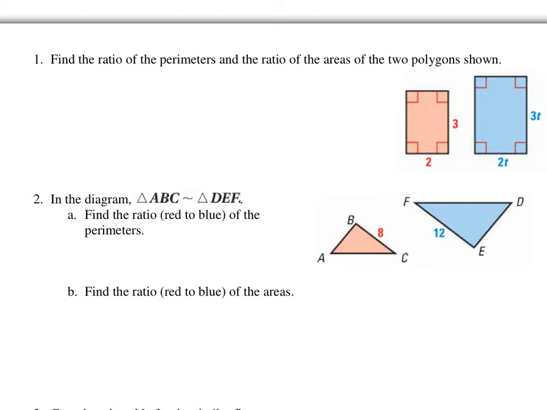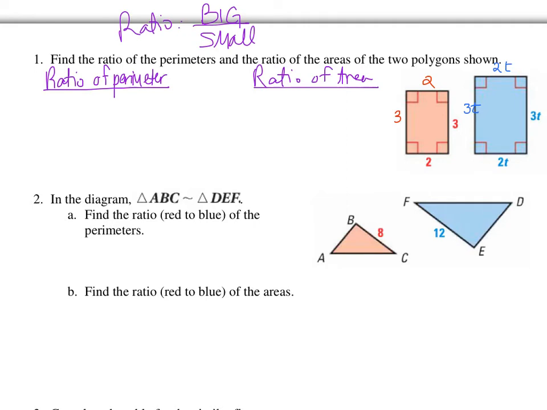In our first example, this is used to show why it is squared. So if we see our two figures over on the side, we have two rectangles, and remember our rectangles' opposite sides are going to be congruent. So we can add in our different measurements on here. That's a T. So if we want to find the ratio of the perimeters, in this figure we're going to do the ratio of the big figure, so that'd be my blue over the red.